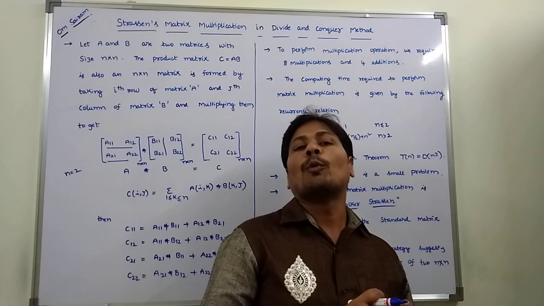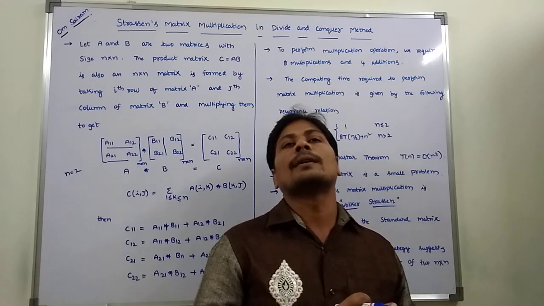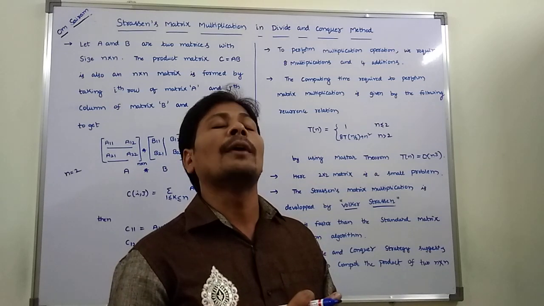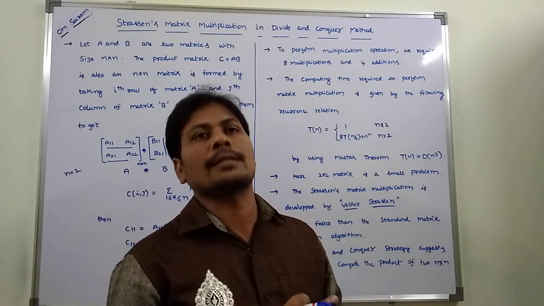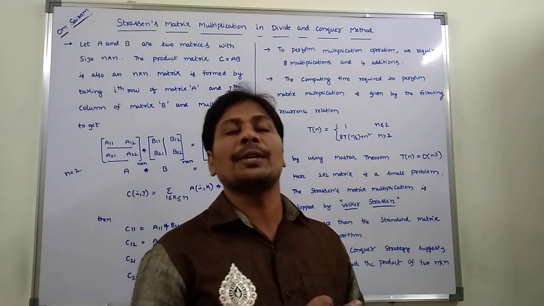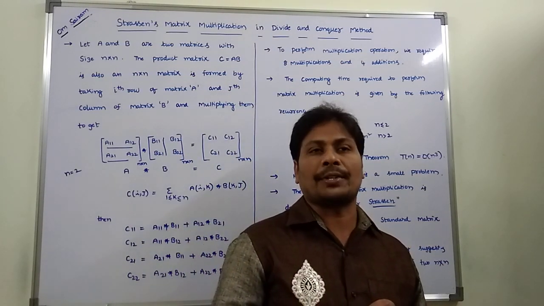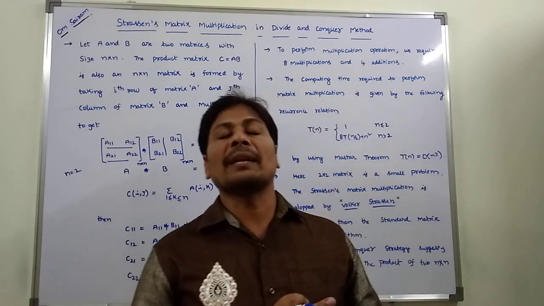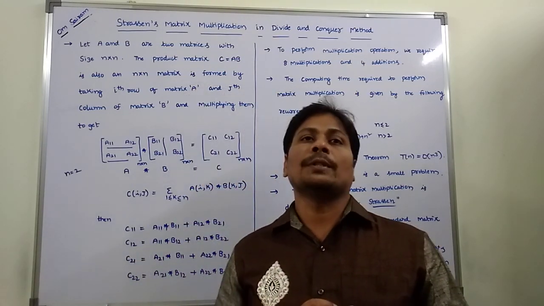By using Strassen's matrix multiplication, we reduce the number of multiplication operations, which are replaced by addition operations. So the cost of the matrix multiplication is reduced.